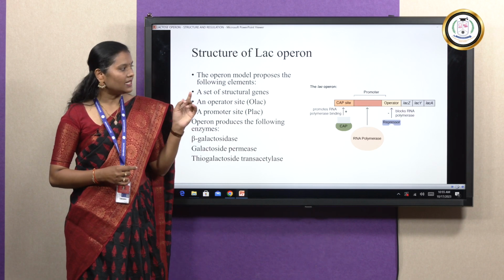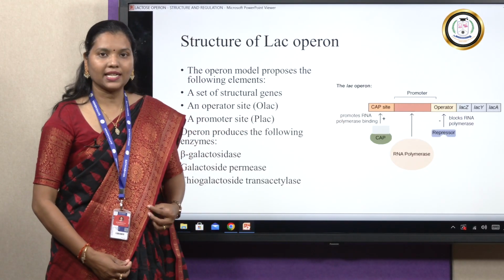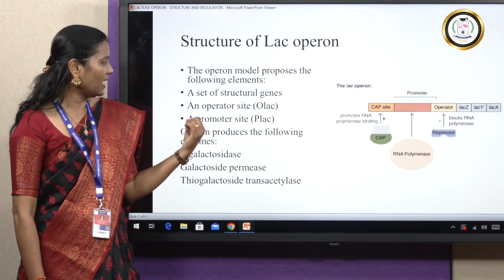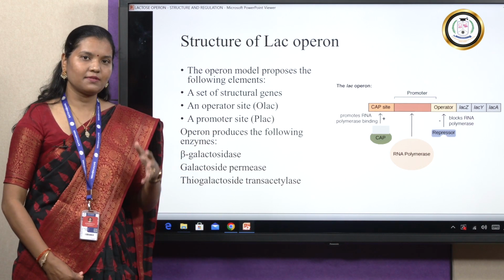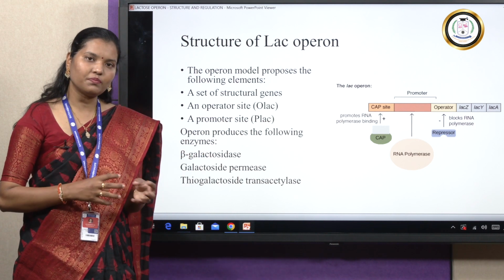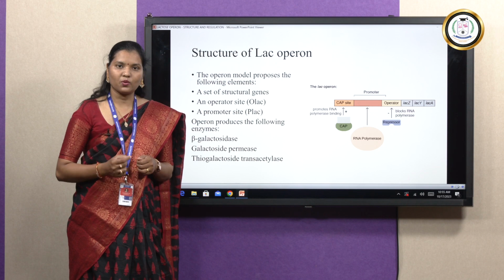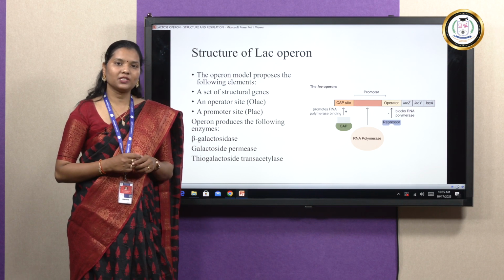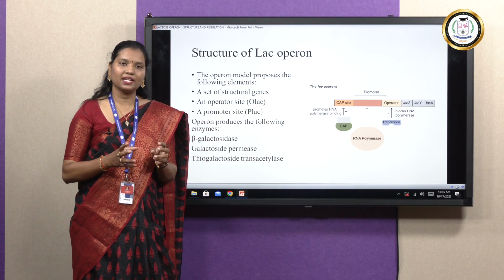The first are the three structural genes: LacZ, LacY and LacA. Followed by that, we have a promoter site called PLAC, which is bound by a protein called the catabolite activator protein, CAP, which makes a complex with cyclic AMP.